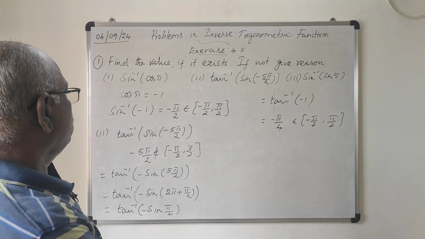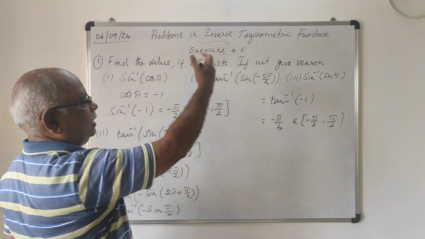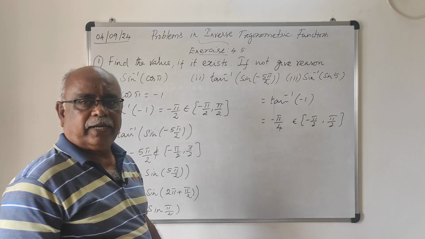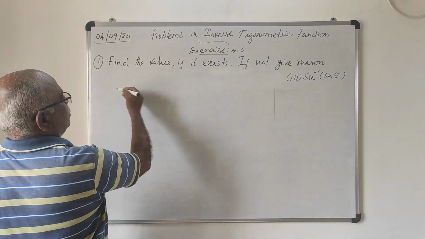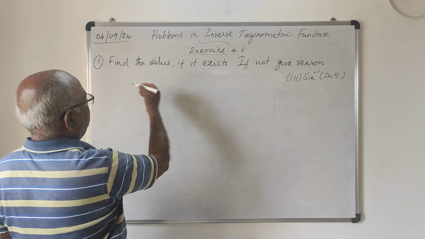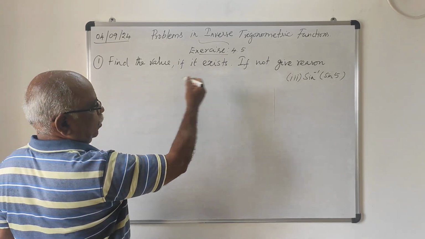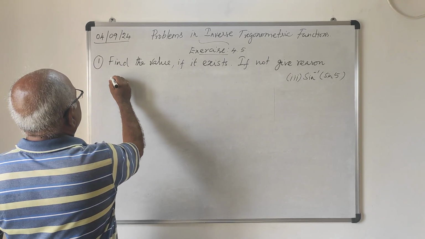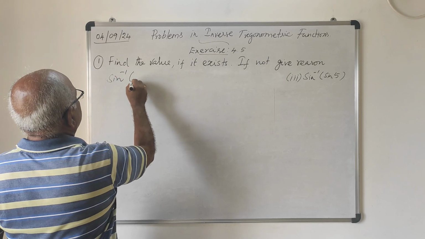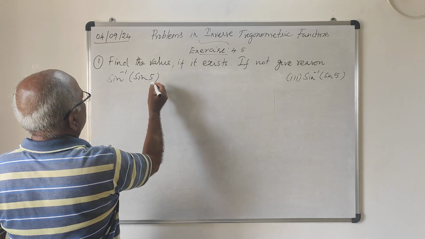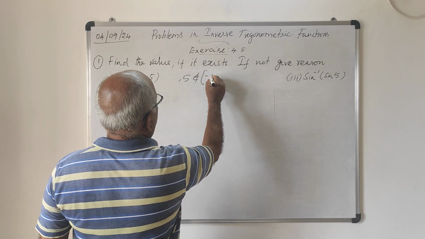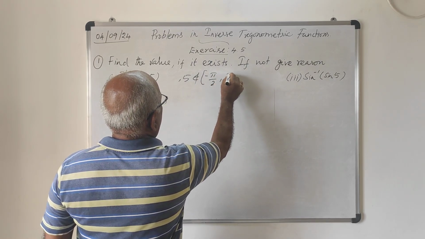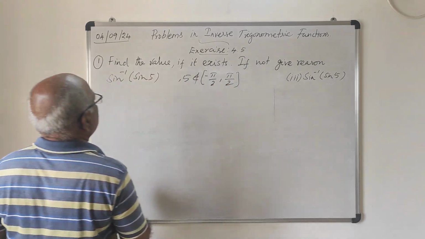So take these two sums and I will solve the third sum again. Okay. Next, third problem. Find the value of sin inverse of sin 5. Here, sin inverse of sin 5. This 5 does not belong to the interval minus pi by 2 to pi by 2.